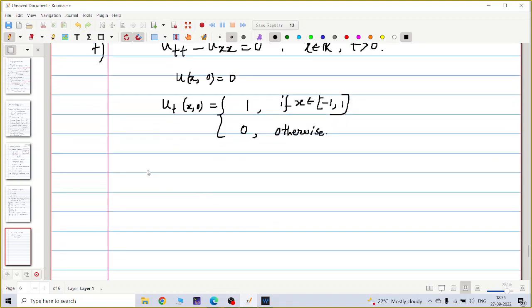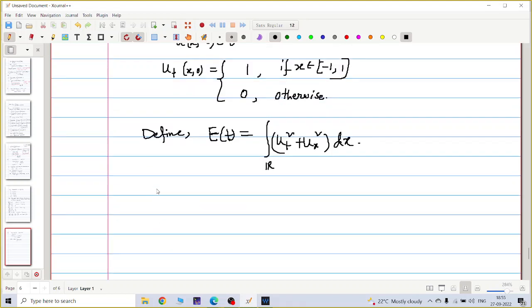Now what is E of t? Define E of t equal to integral over R of u_t square plus u_x square dx. The question is what is E of 10. That is what you have to find.